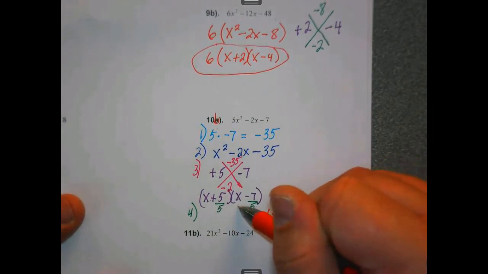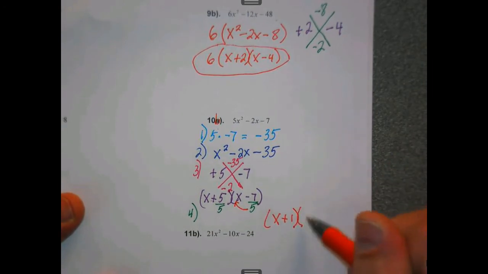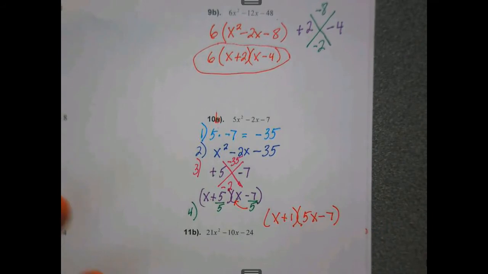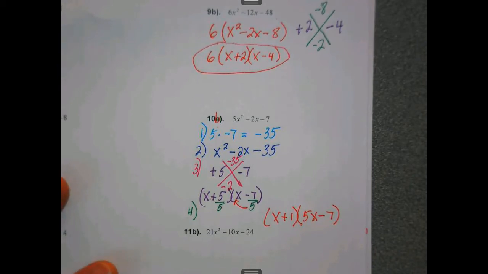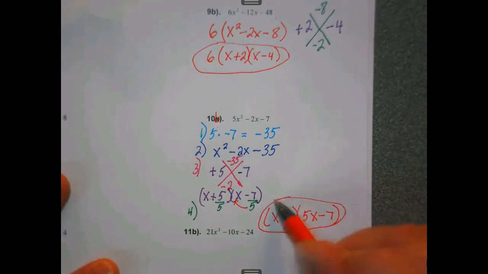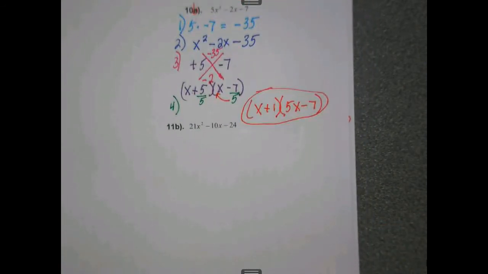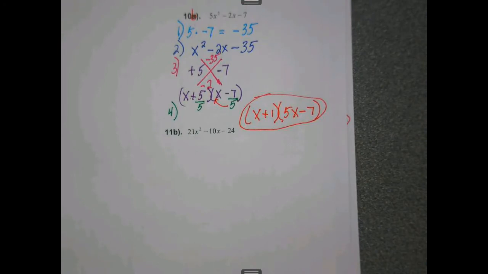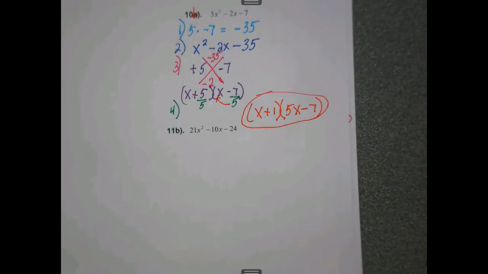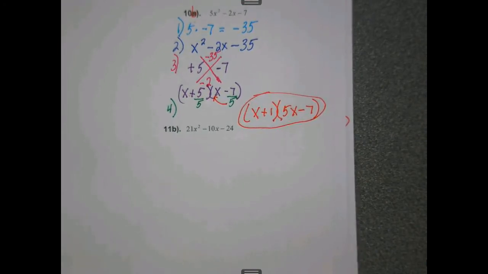We have to slide this 5 in front, right? And I'm just double checking in my head to make sure we get it right. And we do. Questions? Comments? Concerns?